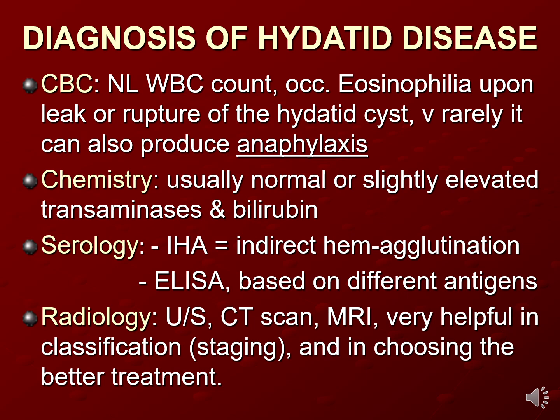One more thing that I would like to stress on you is that people get infected by ingesting the eggs produced by the dog. And how are dogs infected to complete the life cycle? Actually, hydatid cysts occur very commonly in the livers of sheep.